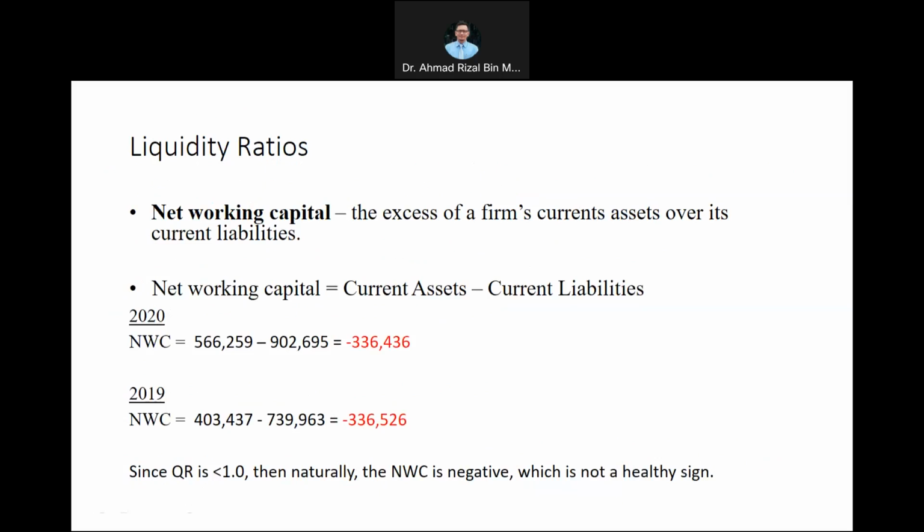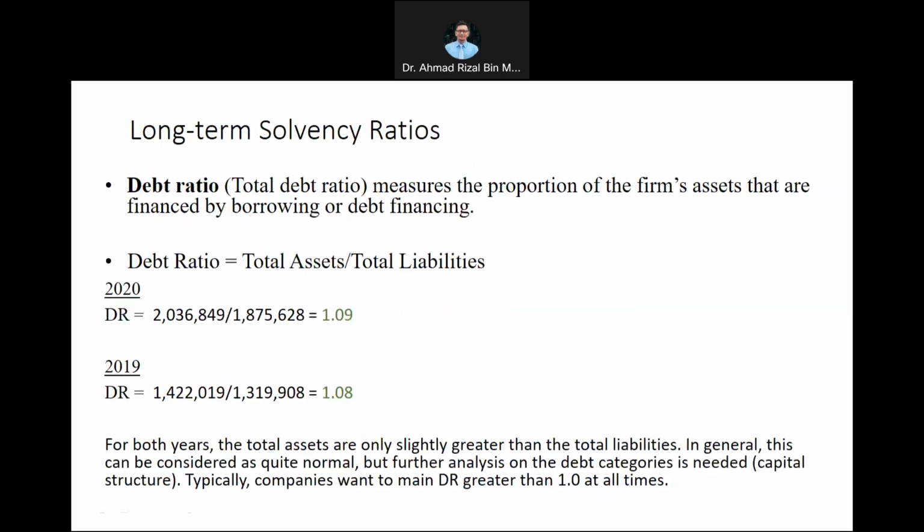Okay? Ideally, for any business, you want the net working capital to be positive at all times, for your current assets to be greater than your current liabilities. So in this case, it is negative, which is in line with the quick ratio of less than 1 earlier. Okay.